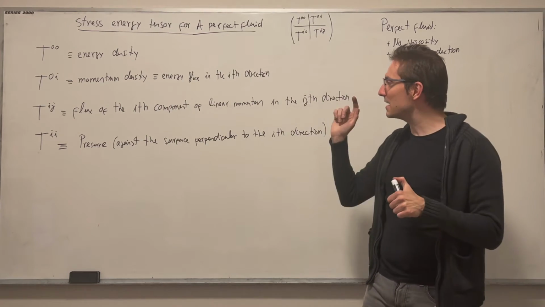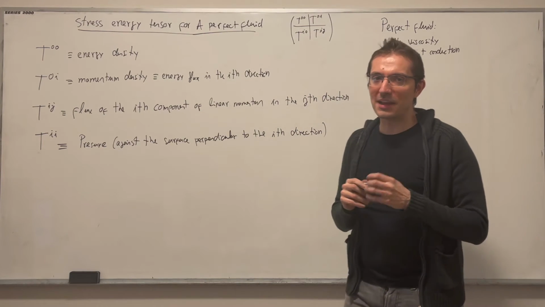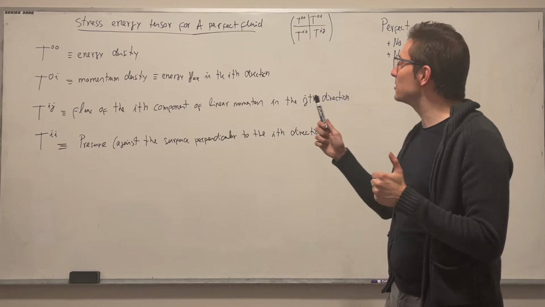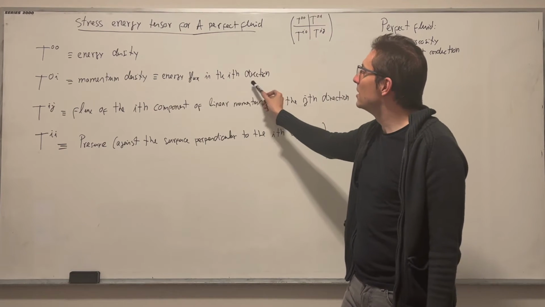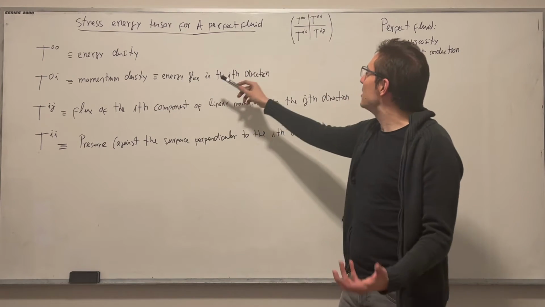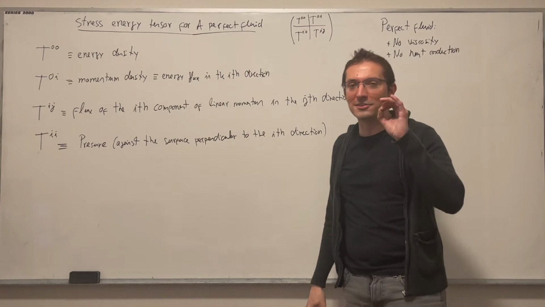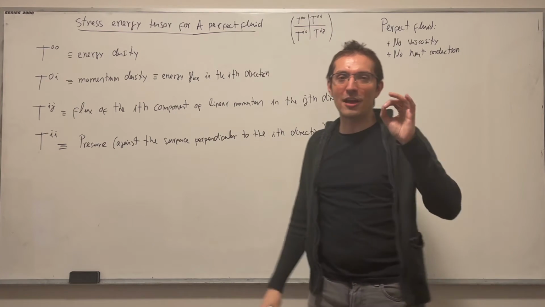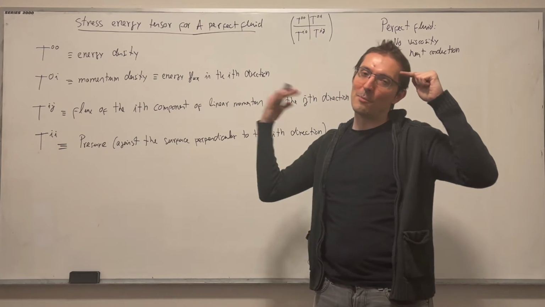Okay. Now, what about the T^{ij} components? They are slightly more complicated, but if you see that this is the energy flux in the i direction, when you go spatial, what you get is the flux of the i component. You can think of this whole thing as the flux of four-momentum in the direction perpendicular to the component that you're considering.